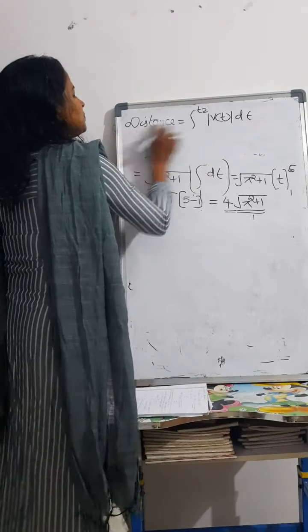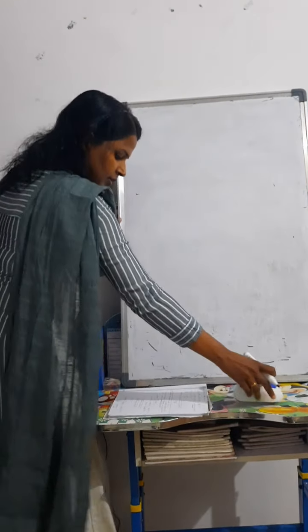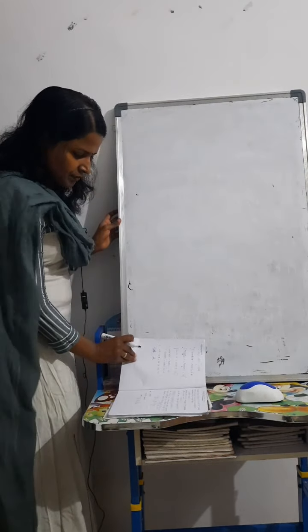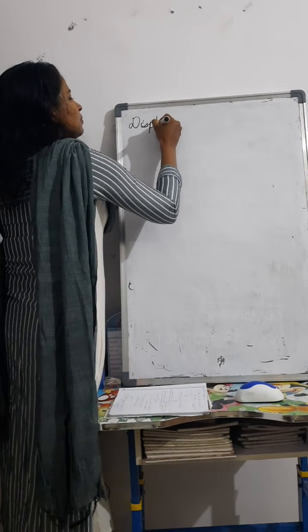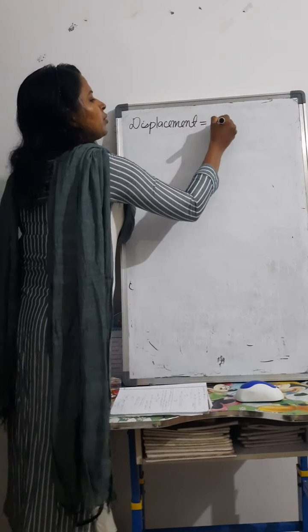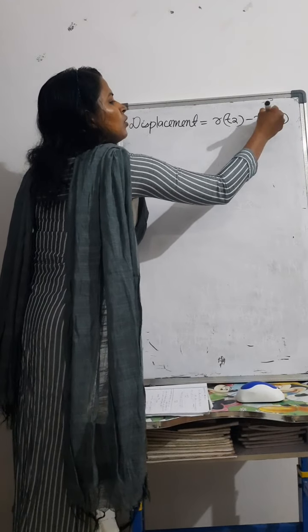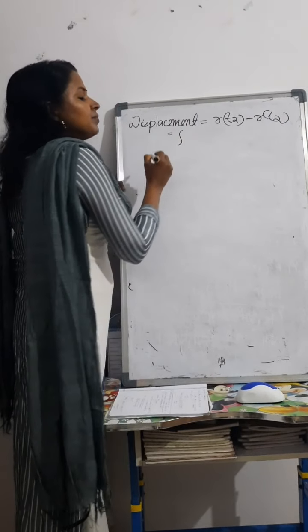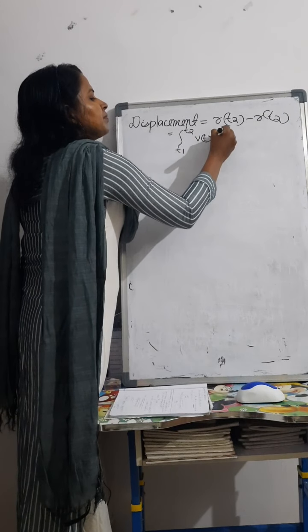Next one, displacement. Displacement is equal to r of t2 minus r of t1, or the integral from t1 to t2 of v of t dt.